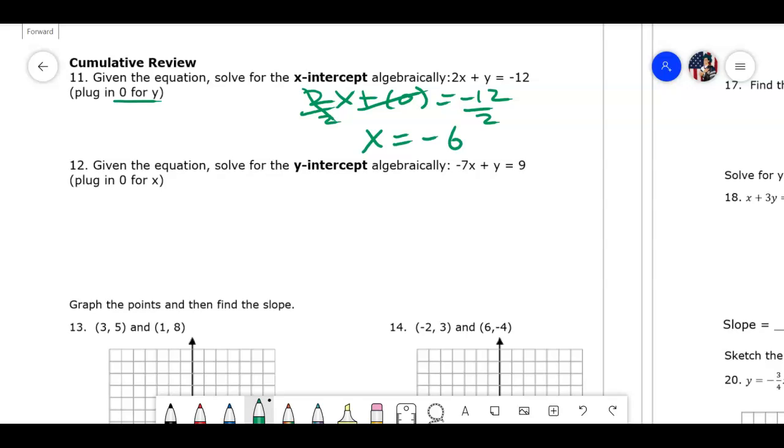What about the y-intercept algebraically? Plug in 0 for x. So -7 times 0 plus y equals 9. -7 times 0 cancels out, so it's just y equals 9. So again, for intercepts, you plug in 0 for the other variable.